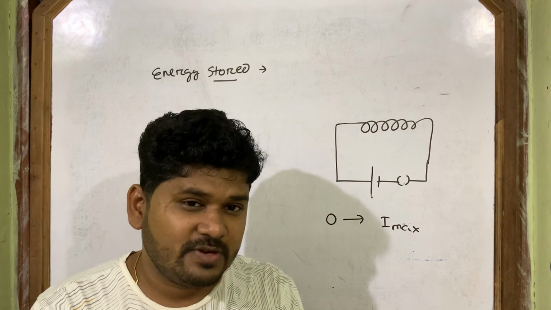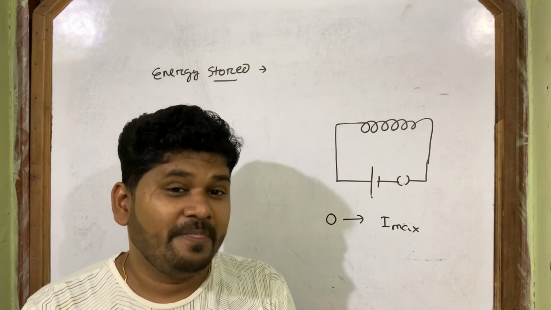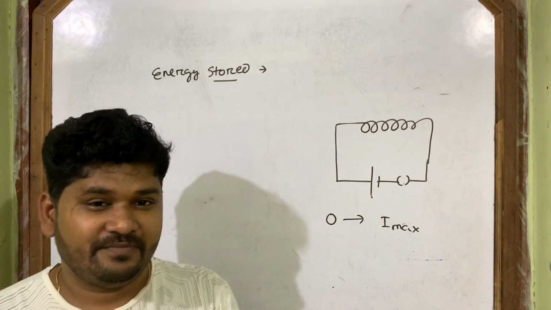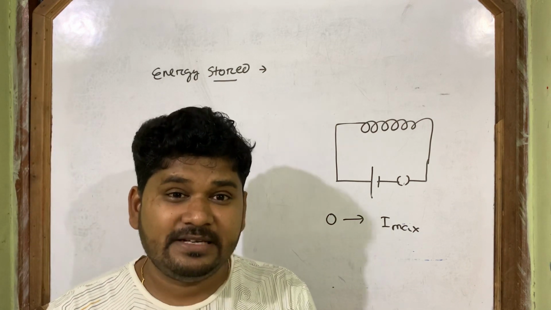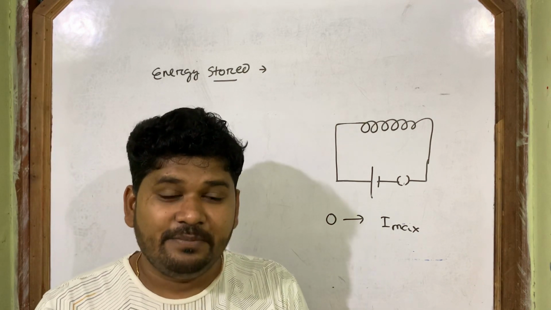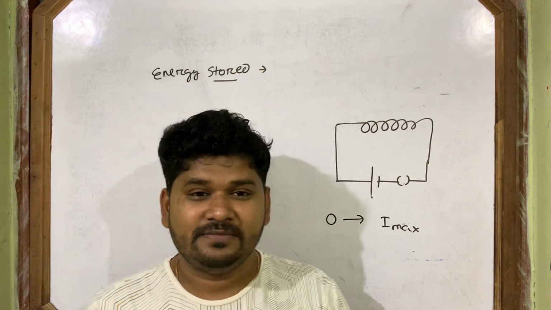The same thing also happens in a capacitor. In a capacitor, which energy is stored? Electric potential energy, in the form of electric field, between the two plates of the capacitor. And here, in the core of the solenoid.